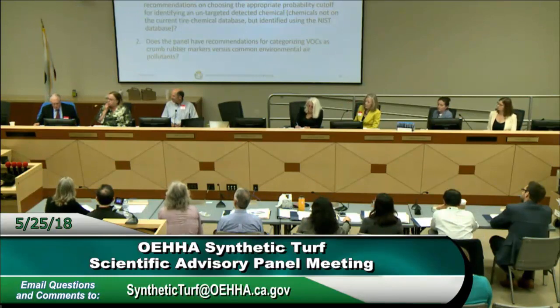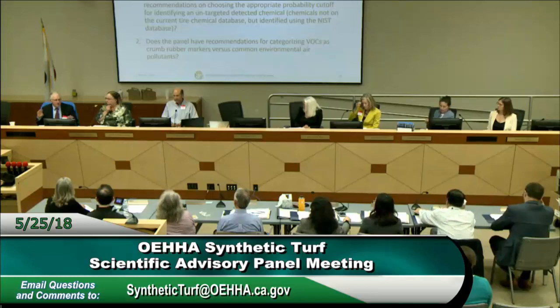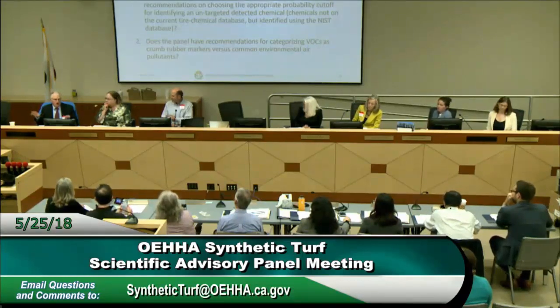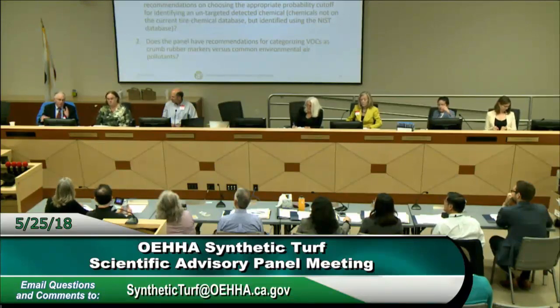Tom? So one thought, these are volatile chemicals coming from crumb rubber, and I know there wasn't a lot of work on aging, but you must have some sense of the age of the different fields. If you could look at a trend line, in a way, I think this is a way to deal with number 2, things that are showing, you probably will see a decrease in time.